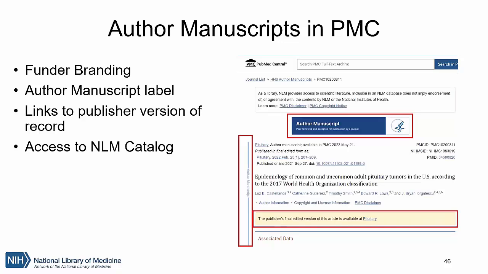The citation includes the paper's manuscript status, and the DOI and a link to the published version are provided in a yellow box below the citation. You can also link from the journal title at the top to the NLM catalog to view the status of a journal. I'm going to show you how to do that now.